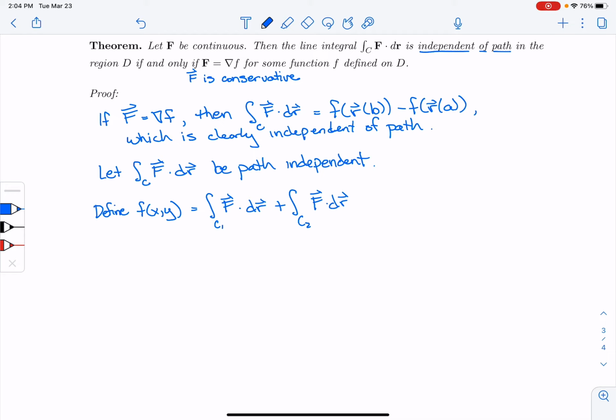First of all, I'm going to have to come up with some fun region here. We'll call it D.